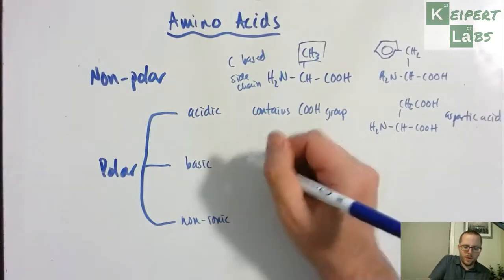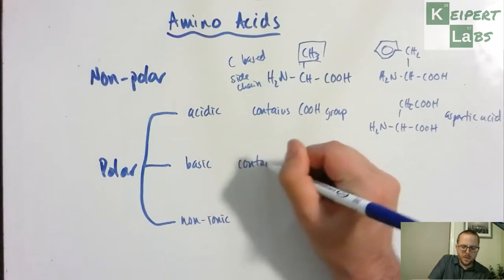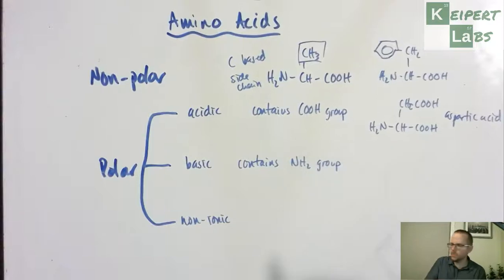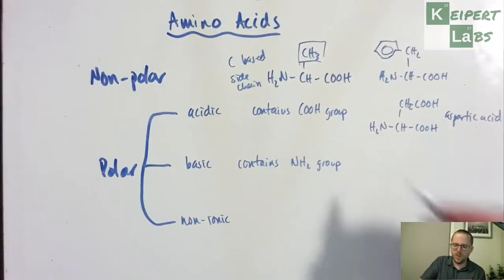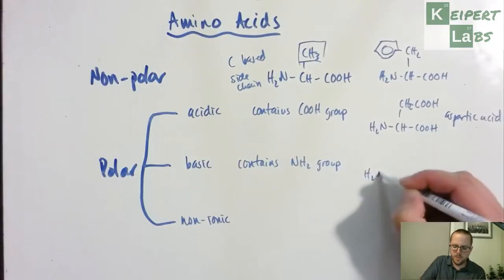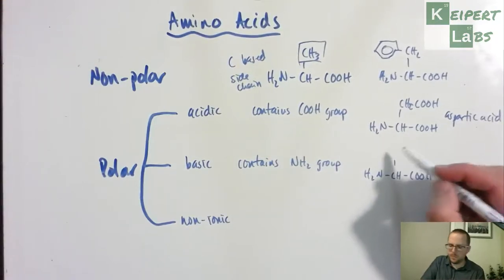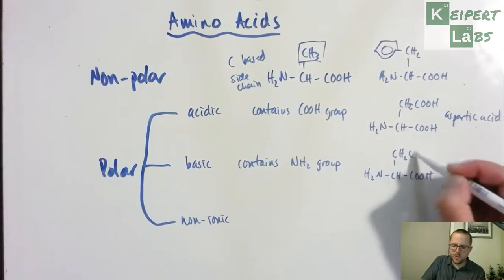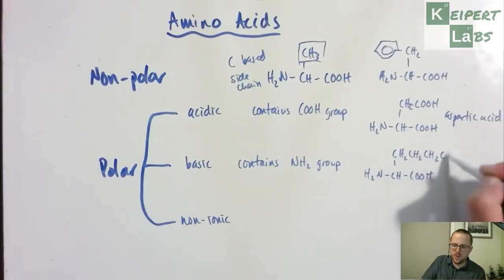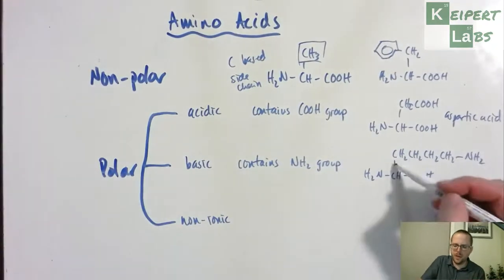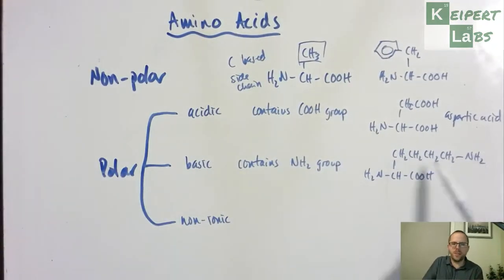Okay, so our basic side chain contains an NH2 group. We've got one that's called lysine: CH2, CH2, CH2, CH2, NH2. So we've got that amine group that's attached off the end of this carbon chain, which makes it basic.